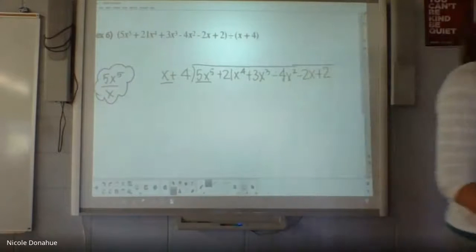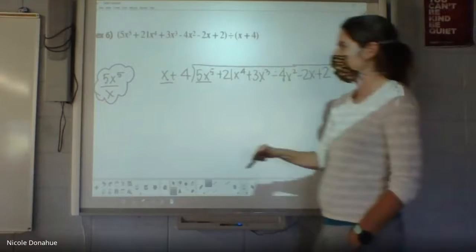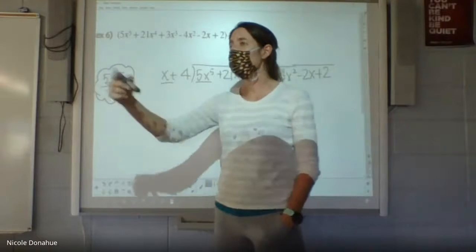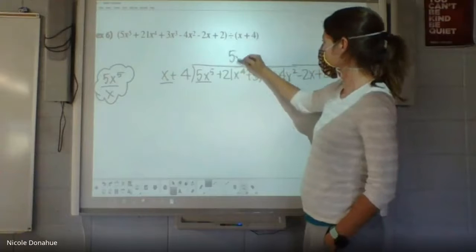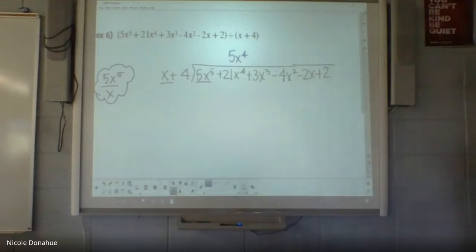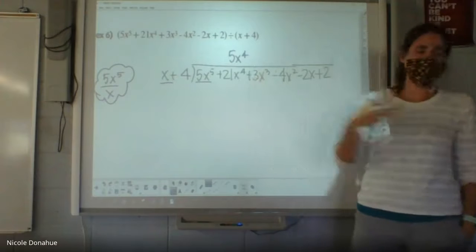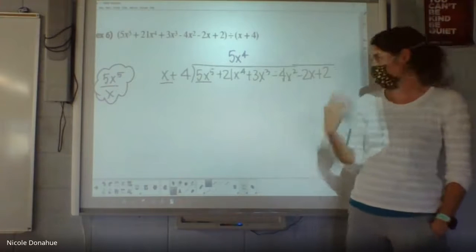What do we get? Oh, 5x to the 4th. Thank you. Someone said that, but someone said a lot of other things that were not correct. I heard 200 quite a few times and 225.